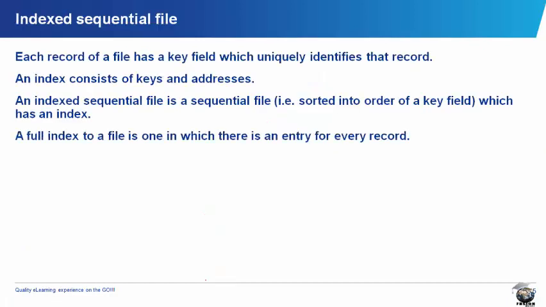What about indexed sequential files? Well, in this, each record of a file has a key field which uniquely identifies that record. An index consists of keys and addresses. When we talk about keys and addresses, it means that when a line of file or a line of record is registered, let's say, for example, a list of students in a classroom.